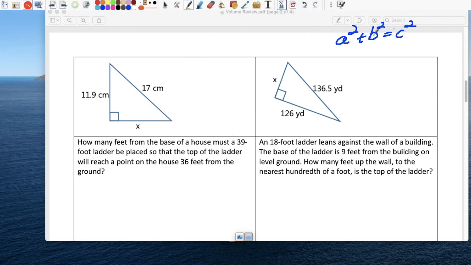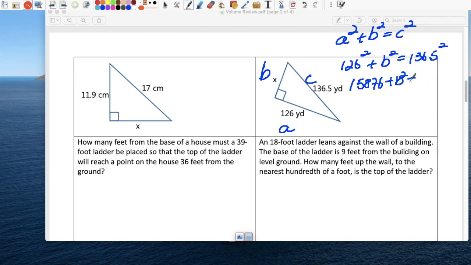All right, so we're looking for one of the legs. Let's change it up: make that b, make that a, make that c. So a, 126 squared plus b squared equals 136.5 to the second power. We get 15,876 plus b squared equals 136.5 squared, which is 18,632.25, and we're going to subtract that 15,876 from both sides.